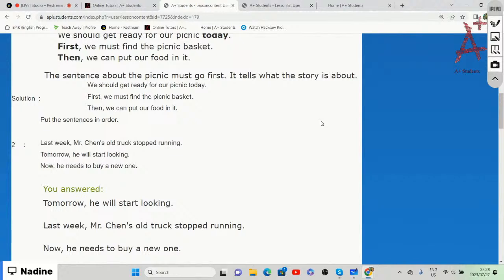All right, so the sentence about the picnic must go first. It tells what the story is about, right? So we should get ready for our picnic today.